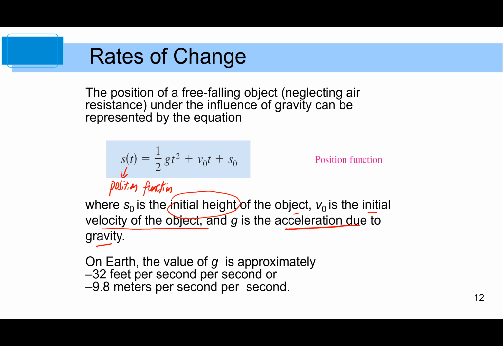On Earth, the value of g is approximately -32 feet per second squared, which is the same as -9.8 meters per second squared.